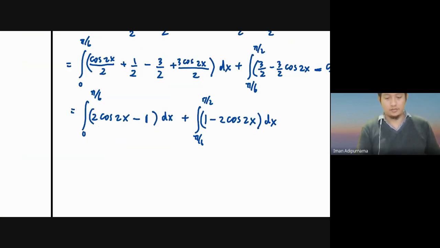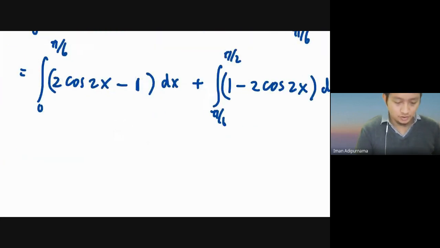Right? Okay, we can take the integrations. This will be minus x plus, or we can write the first one first. 2 sine 2x over 2, so 2 will be cancelled.